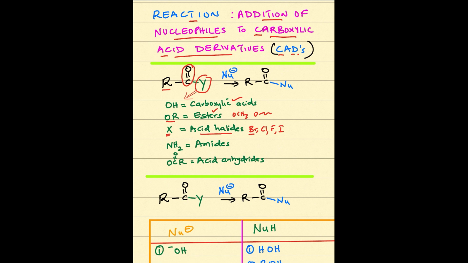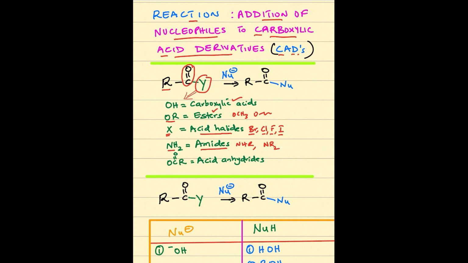So it will be acid bromide, acid chloride, acid fluoride, or acid iodide. If Y is NH2, then that becomes an amide. And it could be NH2, or it could be NHR, or NR2. It will be different types of amides.